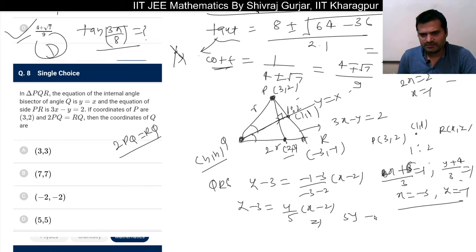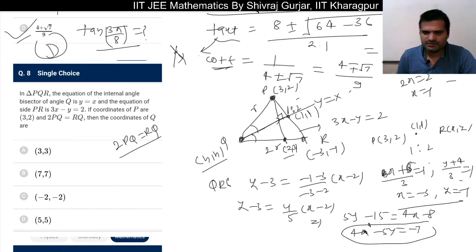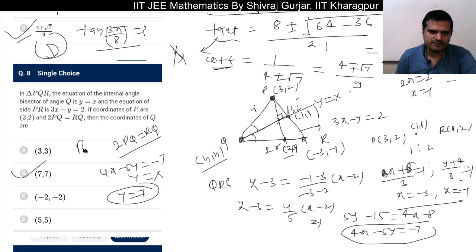So 5y minus 15 equals 4x minus 8, so 4x minus 5y equals minus 7. Now the intersection of this line with y equals x will be our answer. When y equals x, 4x minus 5x equals minus 7, so x is 7. So B is the answer.